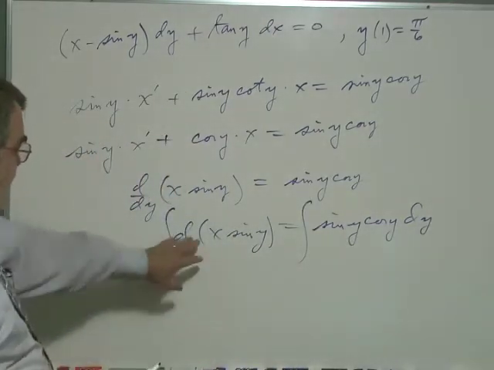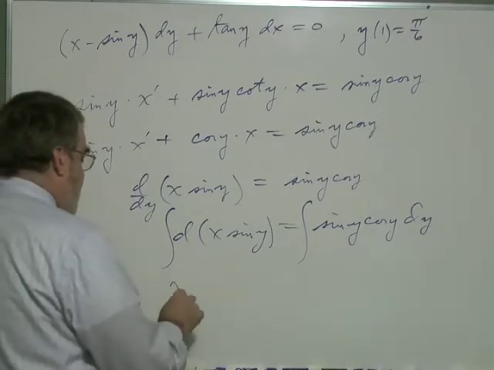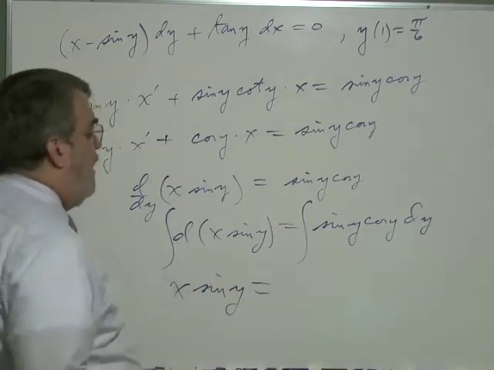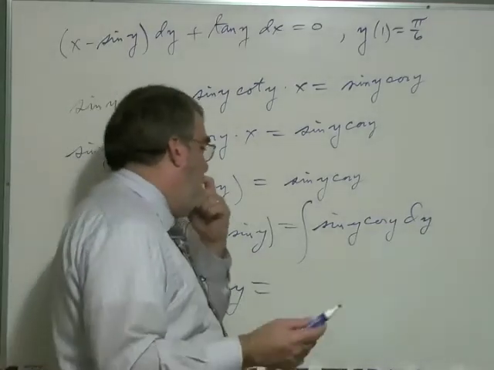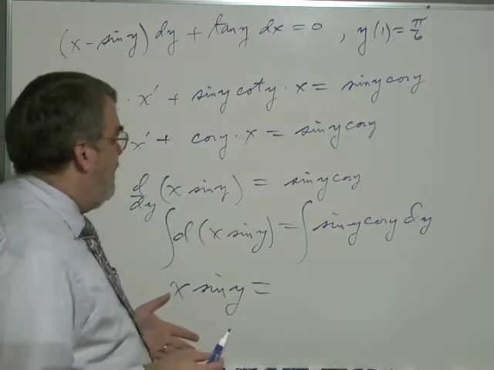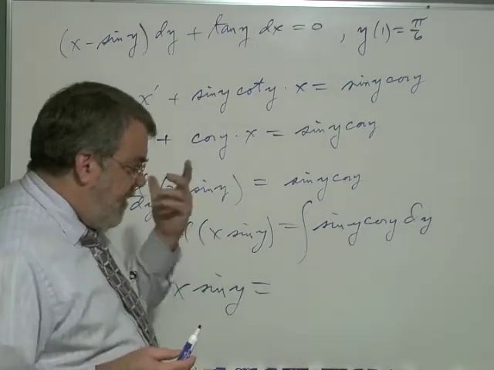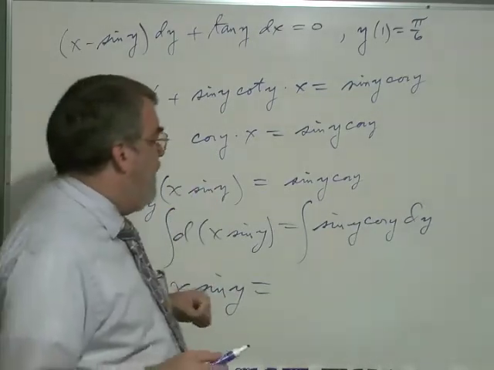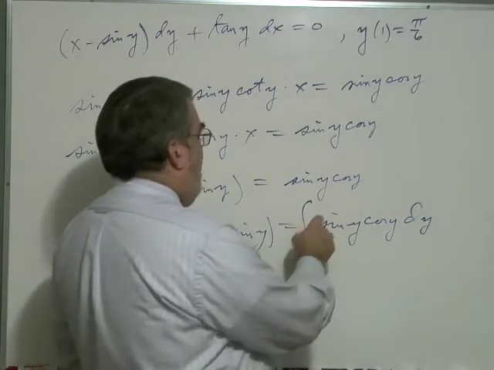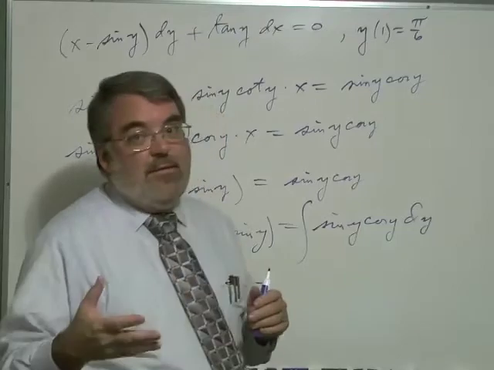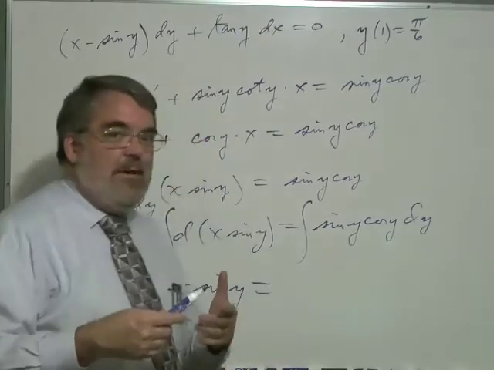And the left side is just going to kill off the differential. So we have x sine y equals, now the right side, we can integrate this by substitution, but you might also remember an identity here. The 2 times sine y cosine y is the sine of 2y. That's the double angle formula.